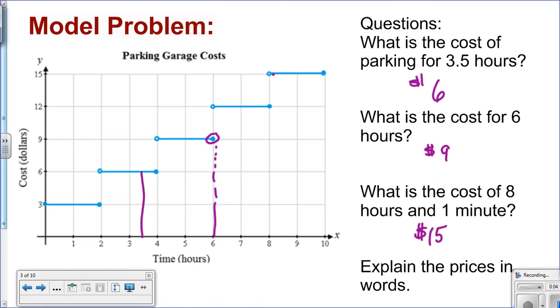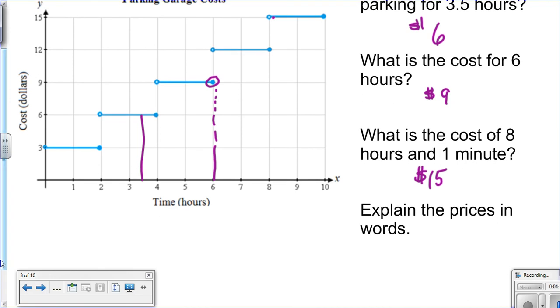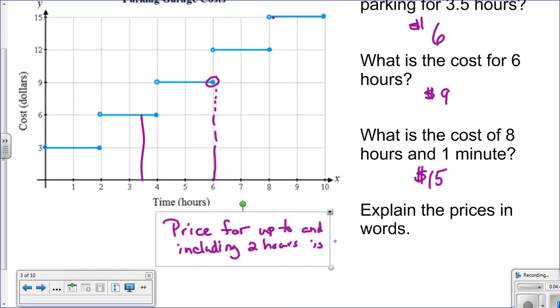And if I were to ask you to explain the prices in words, well, what we'd say is the price for up to and including two hours is $3.